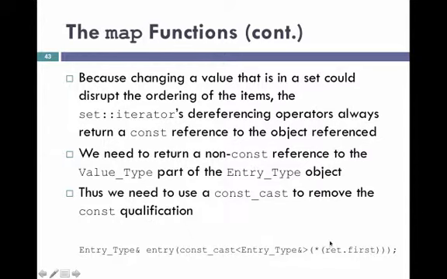So let's go forward. So ret.first points to the first item of this pair, which is the iterator. And if we have the dereferencing operator, that's going to get the item that iterator points to. So that's going to be an entry type. And it'll be a const reference, and so here this const cast is going to remove that const qualification. So now we'll have an entry type that's not const.